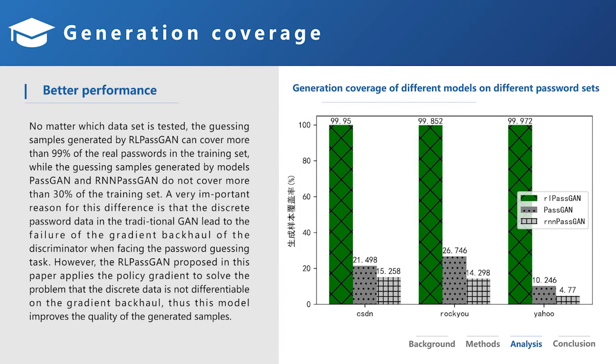A very important reason for this difference is that the discrete password data in the traditional GAN lead to the failure of the gradient backhaul of the discriminator when facing the password guessing task. However, the RLPassGAN proposed in this paper applies the policy gradient to solve the problem that the discrete data is not differentiable on the gradient backhaul. Thus, this model improves the quality of the generated samples.